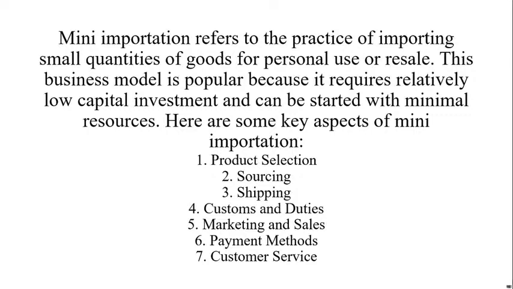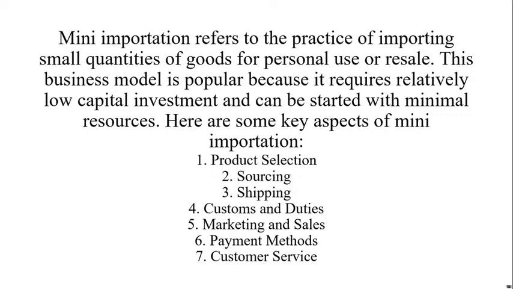So in this class, I'm going to be showing us the key aspects of the importation business. Number one is the product selection. How do you know what to buy? Where do you go and select what to buy? How do you know this particular product is good and this particular product is not good? We are going to be doing that.